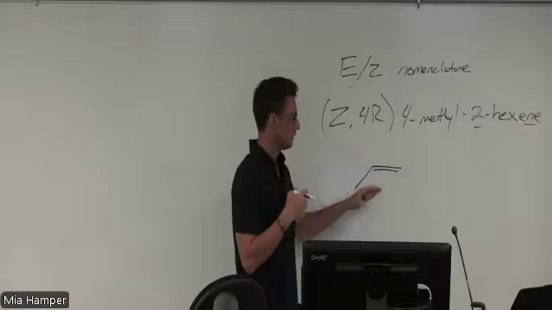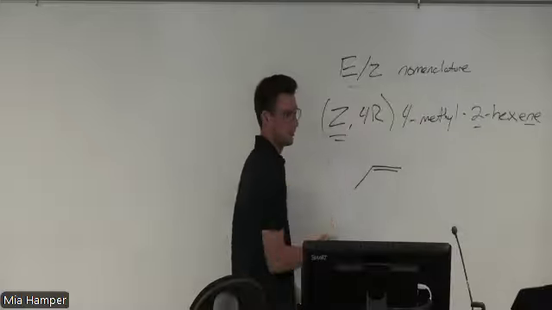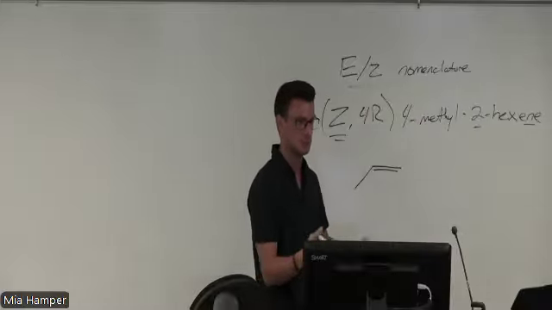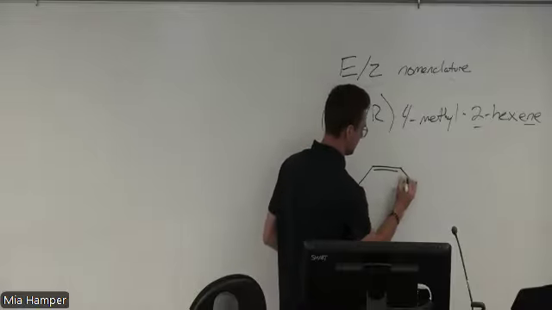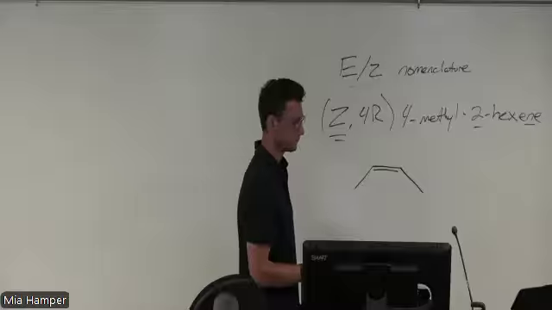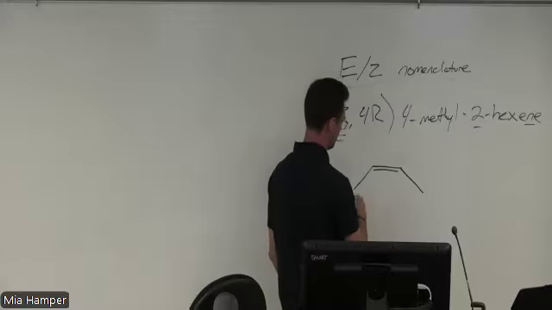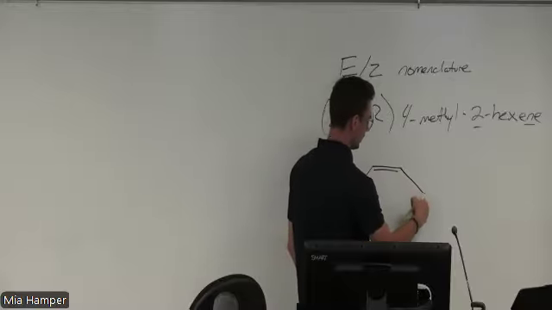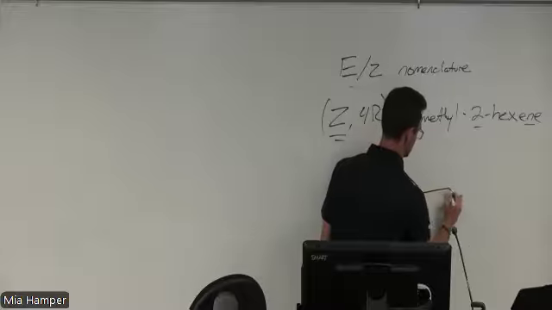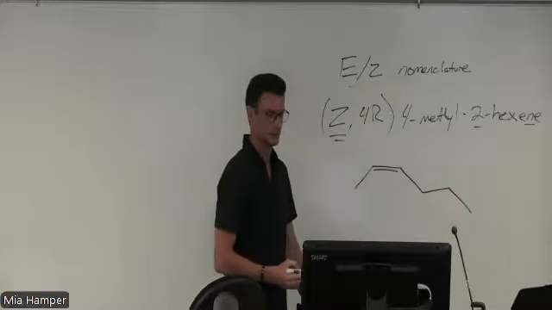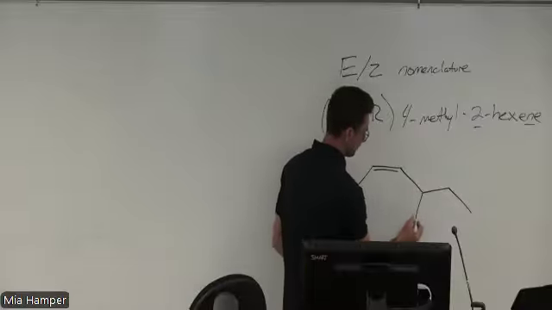We need the other side to do the same thing, because remember, Z for same sounds like same, so it needs to be on the same side of the double bond. You would continue the molecule as such, and then finish. So this is 1, 2, 3, 4, 5, 6. And we got a methyl on the 4th carbon.